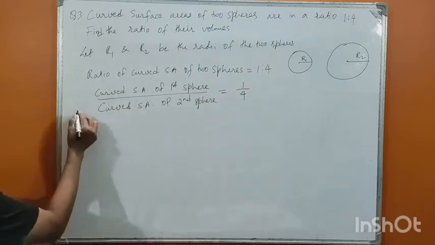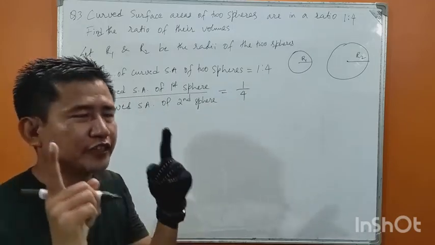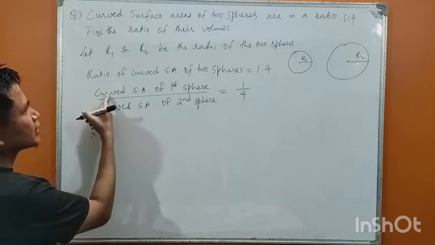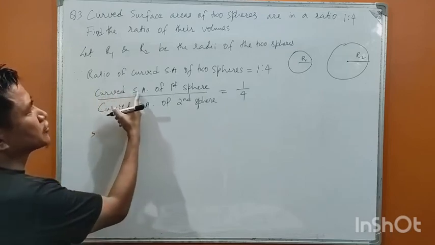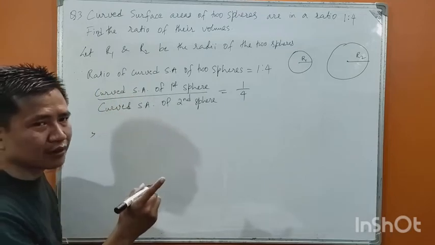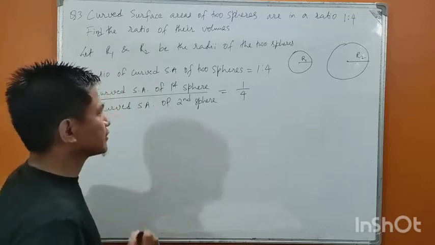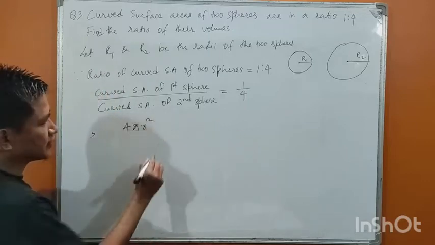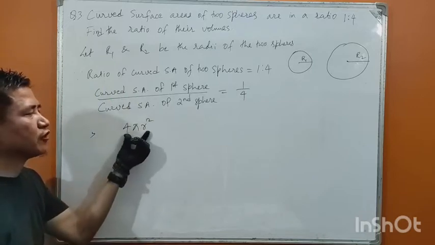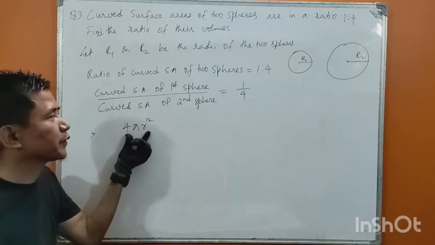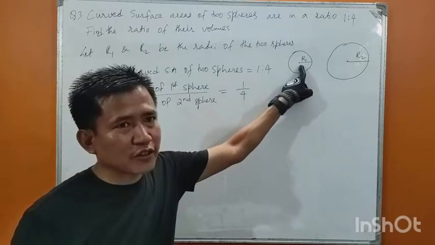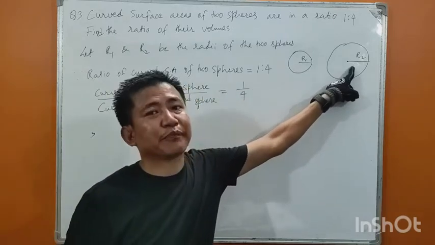So I hope you know the formula of the curved surface area of sphere. What is the formula for the curved surface area? 4 pi r square, isn't it? This is the area of curved surface of sphere. So our radius is R1 of the smaller sphere, and R2 of the bigger sphere.